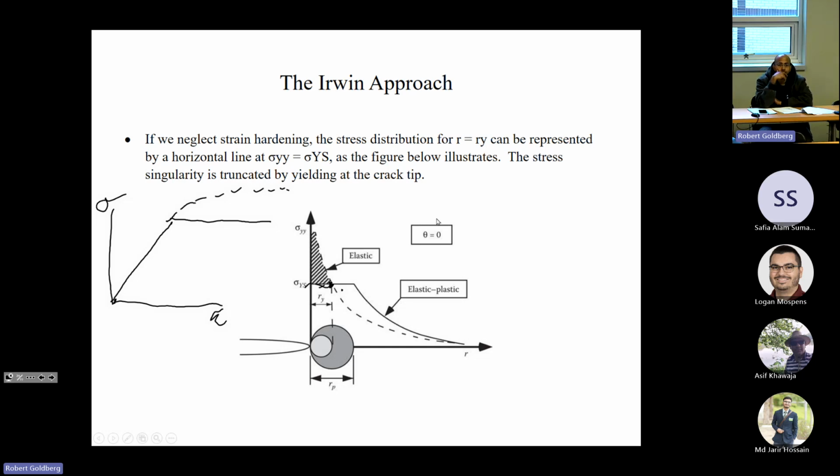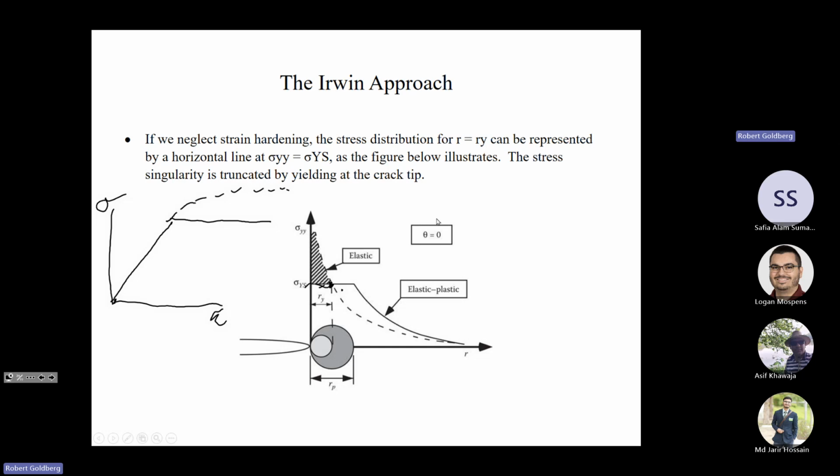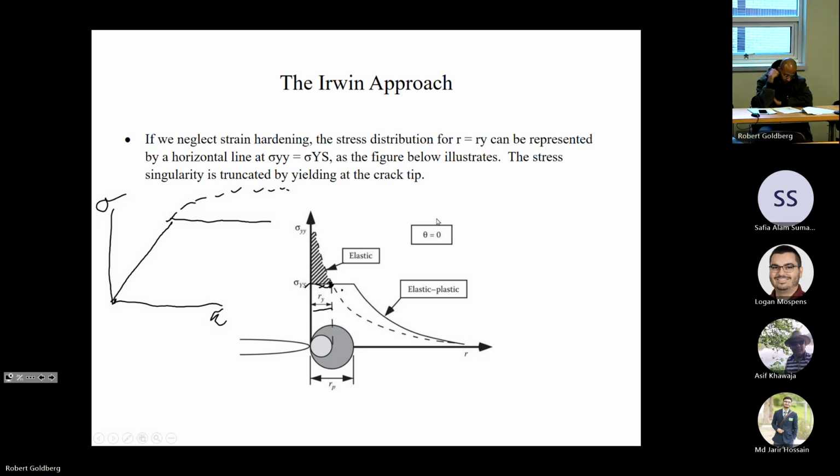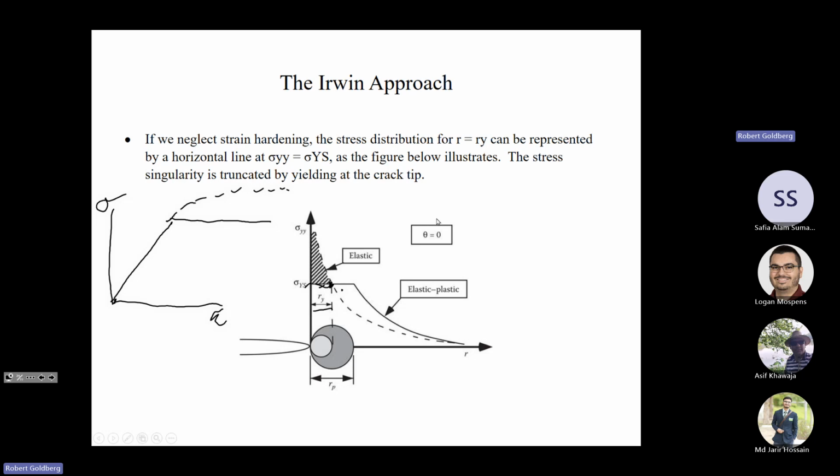Your stress then just remains flat all the way to the crack tip. And that's this Ry term that we just applied. So the stress singularity is truncated by yielding at the crack tip.